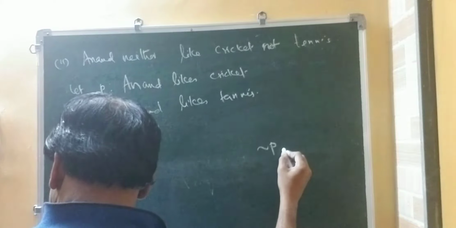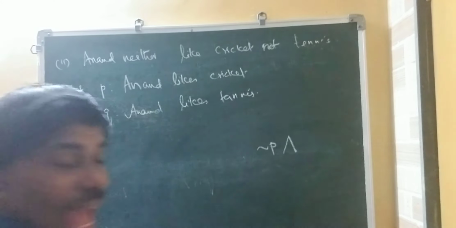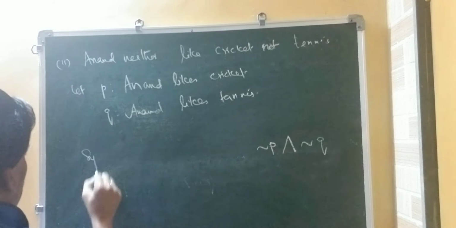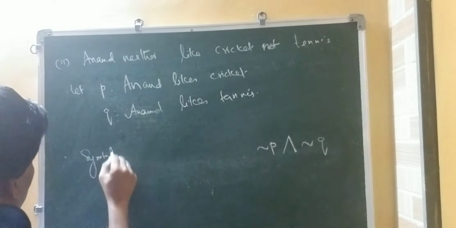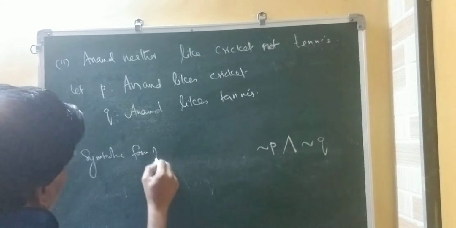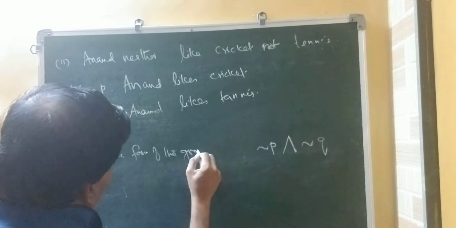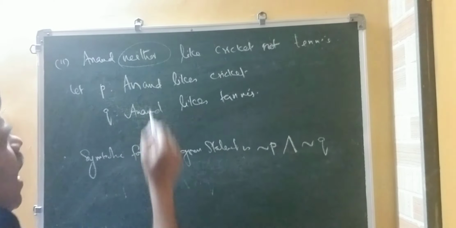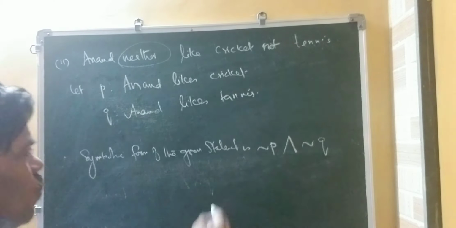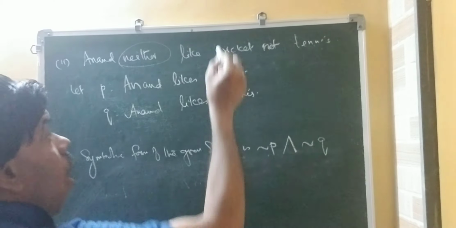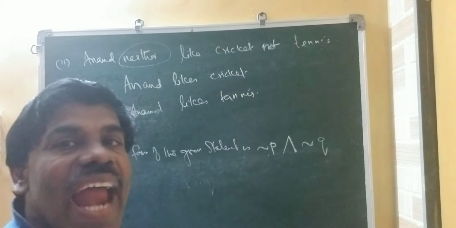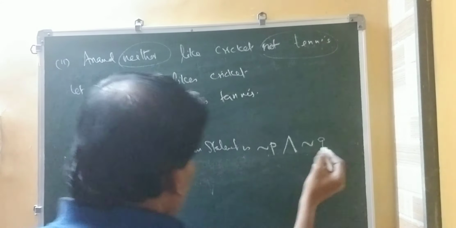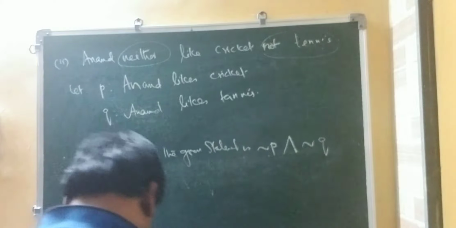So, see, it is both, that means and, negation of Q. Therefore, the symbolic form of the given statement is: neither likes, that means not liking cricket, so negation of P. Also, and, so negation of Q. Now next one.